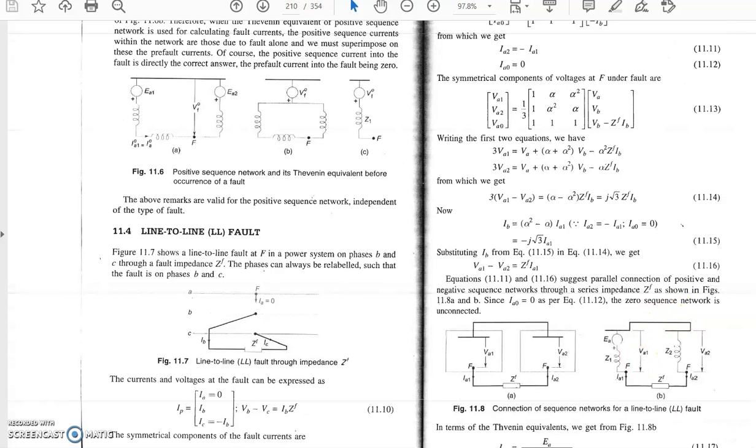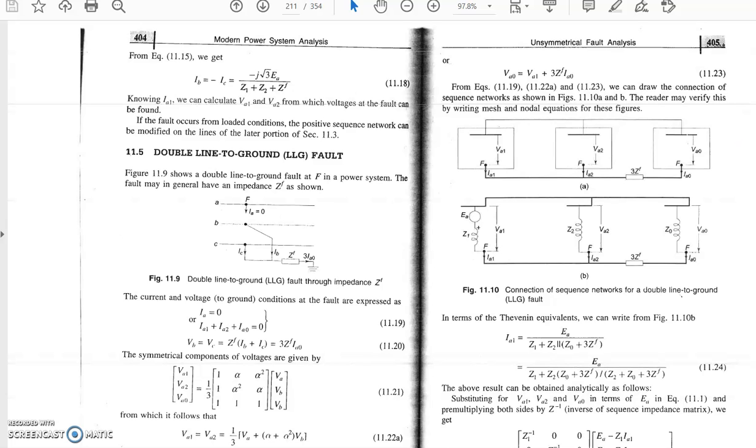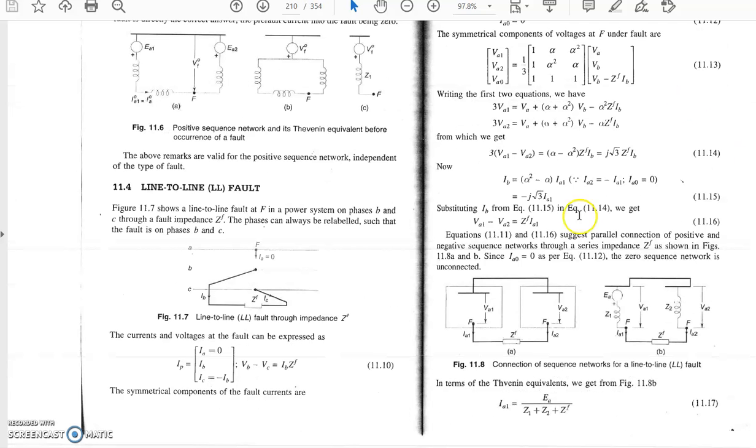So once we have this connection, the calculation of the fault current or fault parameters will be easier for us. From this diagram, we can write the value of IA1. There is a single voltage source here, Ea, and impedances Z1, Z2 and ZF. So IA1 becomes Ea divided by Z1 plus Z2 plus ZF.